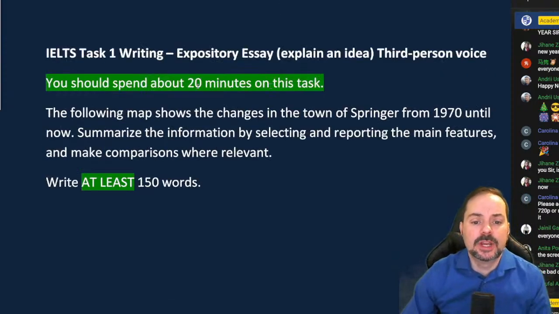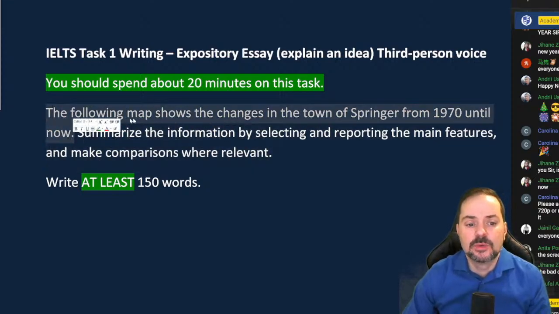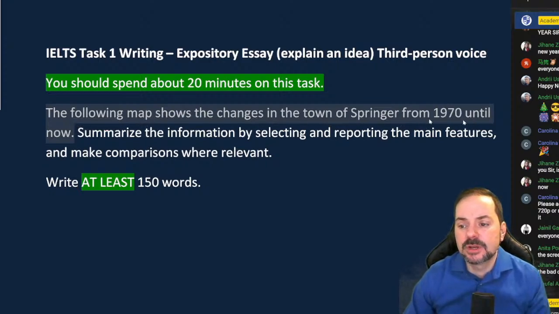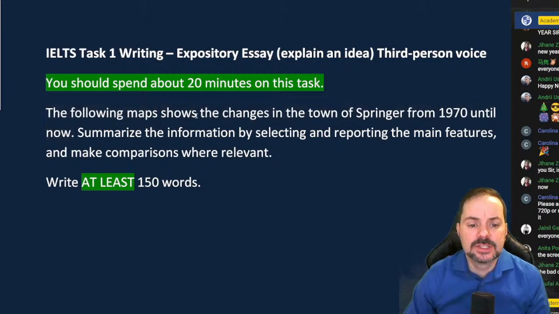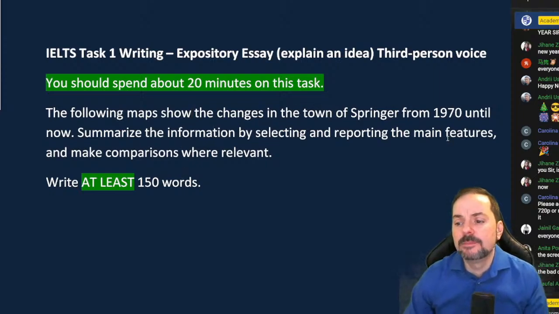So all you have to do here is use this question information, especially this first sentence here. The following map shows the changes in the town of Springer. And probably it'd be more accurate to say maps show, because there's two of them. The following maps show the changes in the town of Springer from 1970 until now.